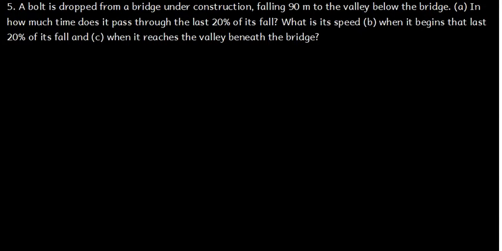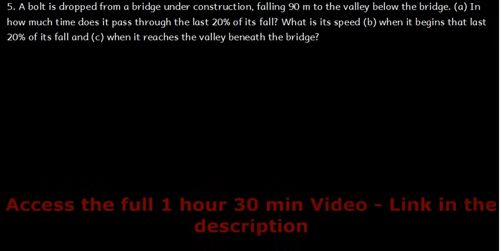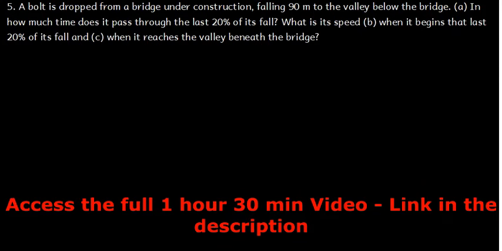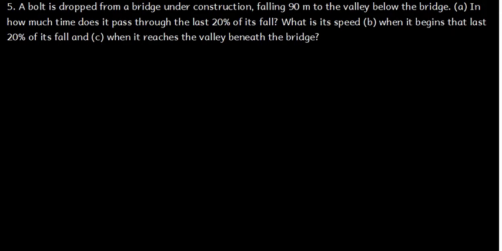So we have another question, which is question 5. Question 5 is saying a boat is dropped from a bridge under construction, falling 90 meters to the valley below the bridge. (a) In how much time does it pass through the last 20% of its fall? (b) What is its speed when it begins that last 20% of its fall?